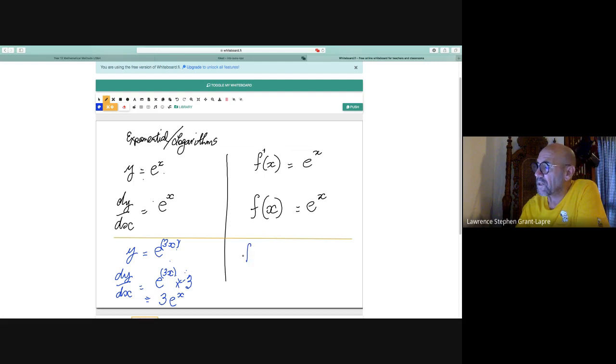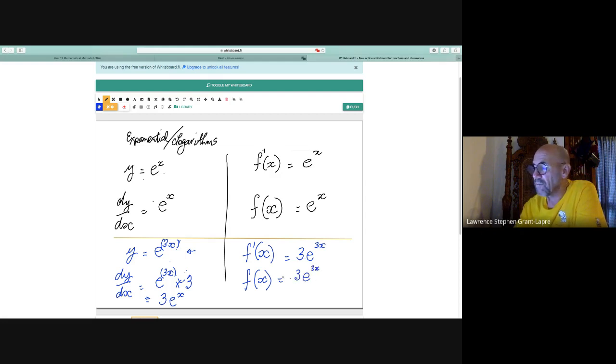Now, what if we're told that the derivative is 3e to the power of 3x? Well, we already know what that answer is going to be by looking back here. So what we have to do for the antiderivative is the first part is leave it, 3e to the power of 3x.